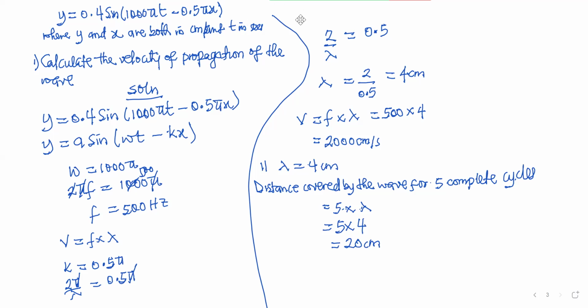Then the last question. Sketch a displacement time graph for the wave for one complete cycle. The wave is y is equal to 0.4 sine of 1000 pi t minus 0.5 pi x, for one cycle.